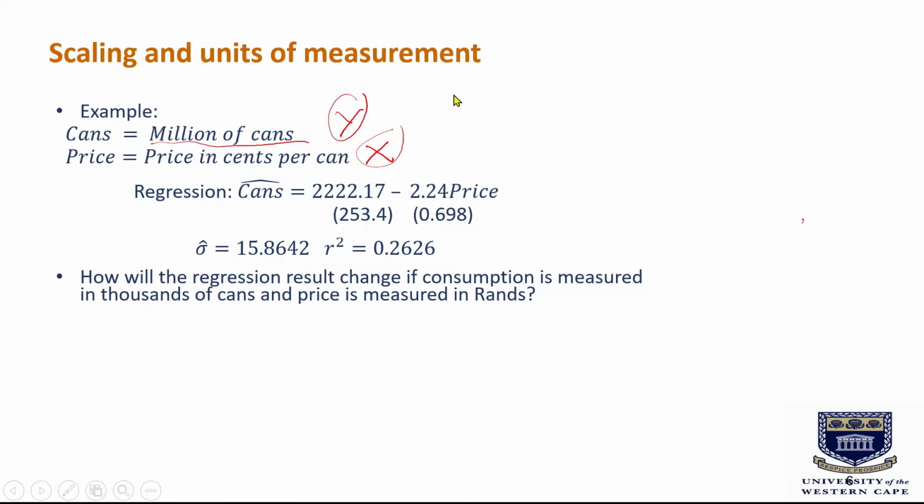So now we are asked to determine how these regression results change, that is the estimates and the standard errors, if consumption is measured in thousands rather than millions, and price is measured in rands as opposed to cents, right? So again, we apply the same reasoning we did in the earlier example.